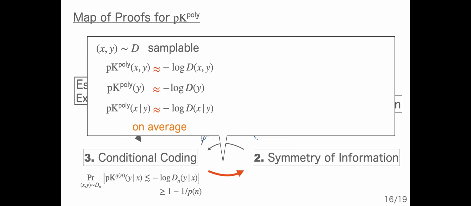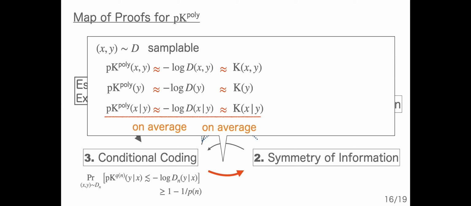The same argument also holds for the time-unbounded Kolmogorov complexity on average. Namely, these values of pK poly are almost equal to time-unbounded Kolmogorov complexity on average, where the last one is particularly non-trivial. In other words, what holds in time-unbounded algorithmic information also holds for pK poly on average. Therefore, symmetry of information also holds for pK poly on average.